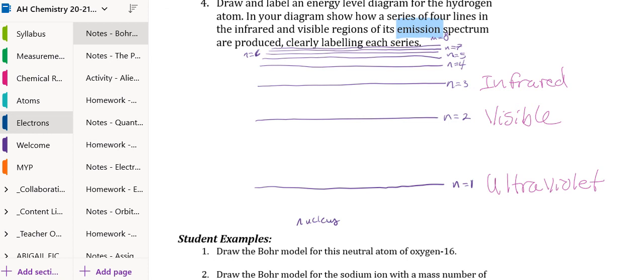Can I do third energy level to second? Yes. What else? Fourth to second. What else? Fifth to second. And sixth to second. Those would be visible, 4 different wavelengths or frequencies of visible emission.